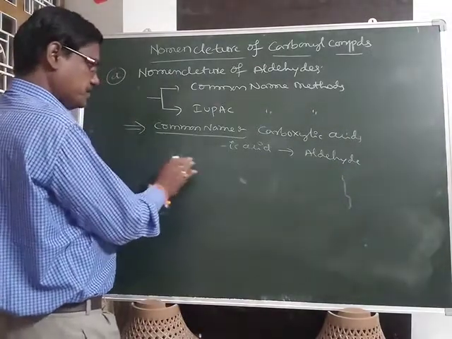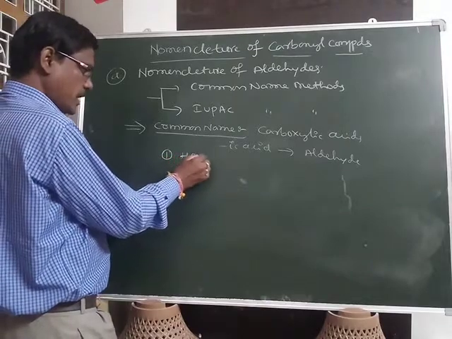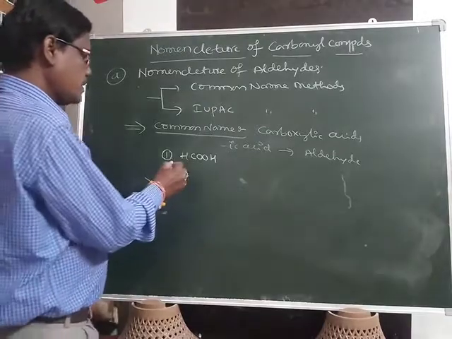Based on this, I am taking one example. HCOOH. This is the carboxylic acid. Its name is formic acid.